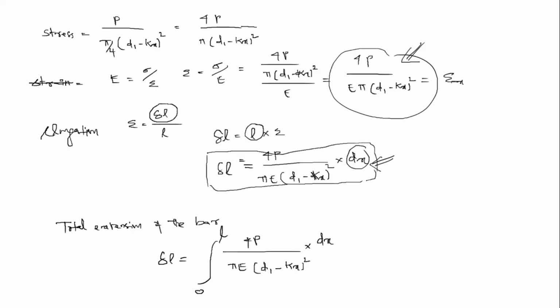What are the common parameters? 4P divided by pi E. So, take it out: 4P divided by pi E, integrate 0 to L, dx divided by (d1 minus kx) the whole square. Again I am going to write the same equation: 4P divided by pi E, integral with lower limit 0 and upper limit L, dx divided by (d1 minus kx) the whole square.